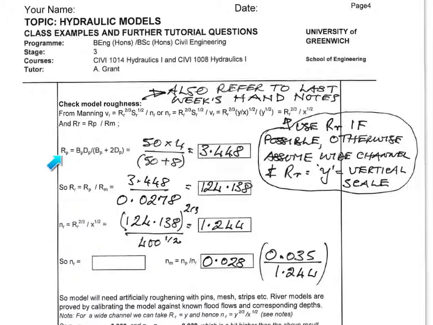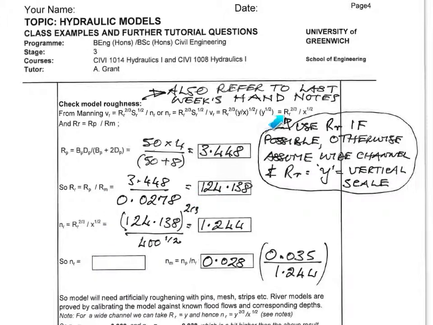So that means we want to calculate the hydraulic radius of the full scale. It's fairly easy to do because we're given the various information at the minimum flow, 3.448, and we'd already calculated the hydraulic radius of the model, so the ratio of the hydraulic radius of the full scale to that of the model we can work out easily, 124.